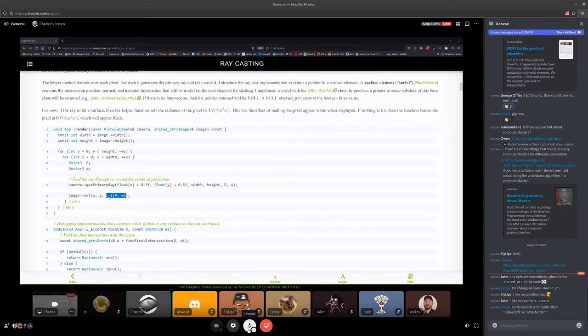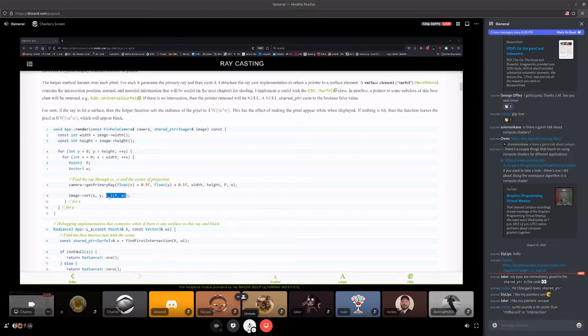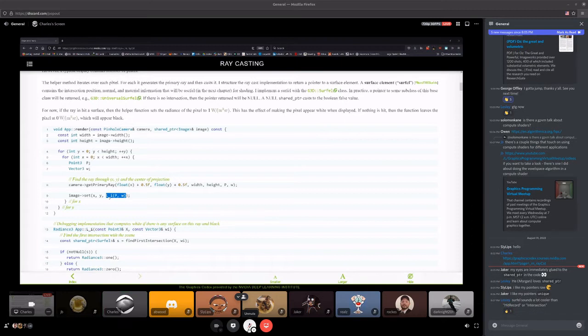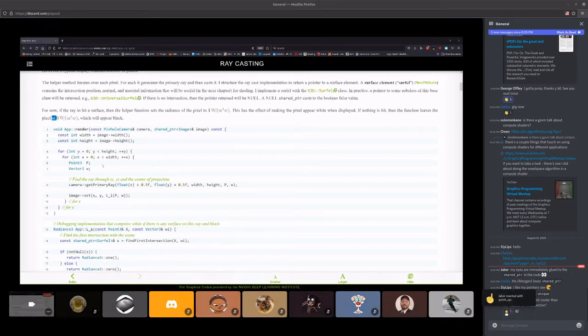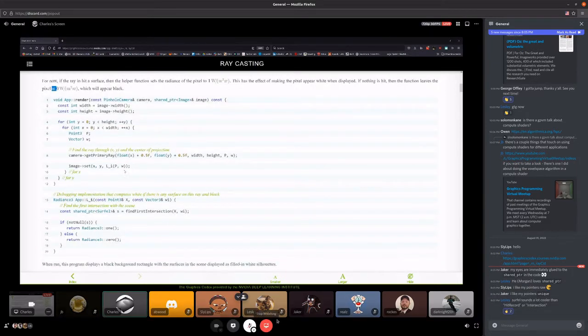Or would that be a normal? Probably. For now, if the ray hits the surface, the helper function sets the radiance of the pixel to 1. So if it hits something, it gets white, a radiance of 1, and if it doesn't hit anything, it has a radiance of 0, effectively being a perfectly black and white image.